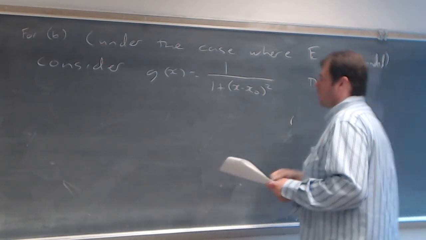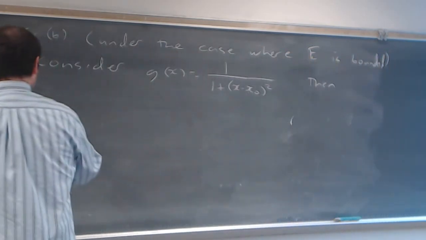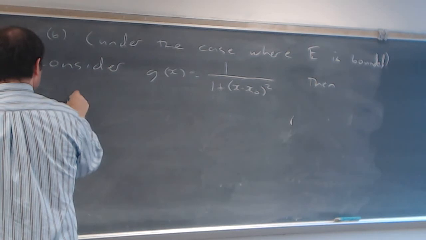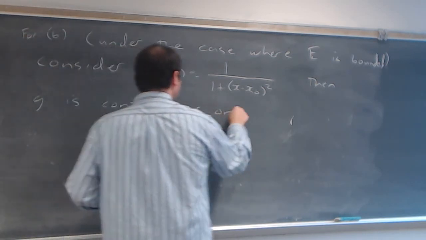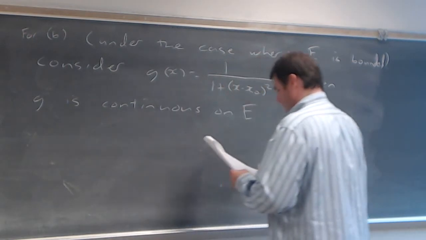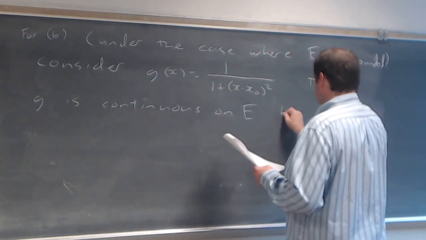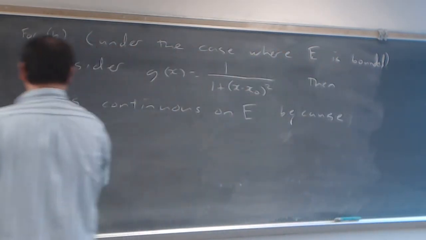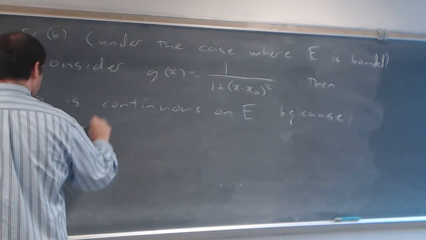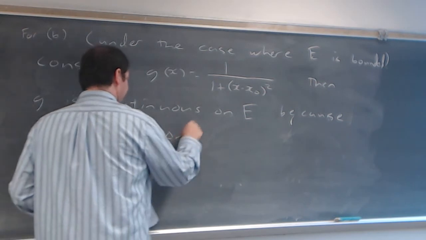Then g is continuous on E, and because the quantity x minus x naught is continuous, we talked about that.